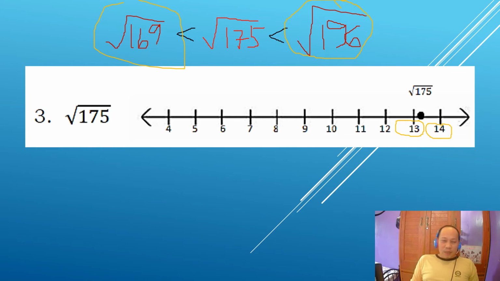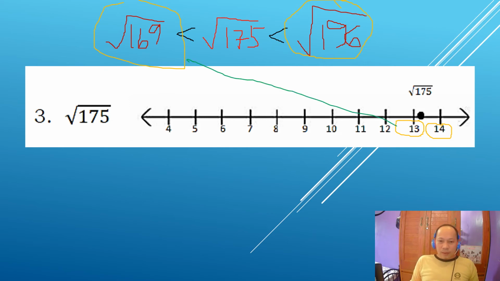Pero saan ba mas malapit yung square root of 175? Yung 175 doon banda sa kaliwa. Okay, so it's a matter of difference of 6, and this one is 21. So mas malapit siya sa square root of 169, sa 13. Kasi ito ang 13.